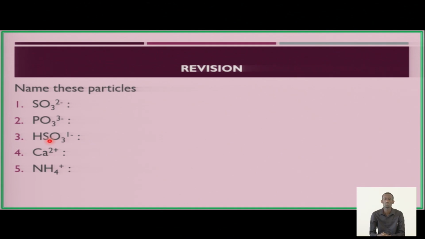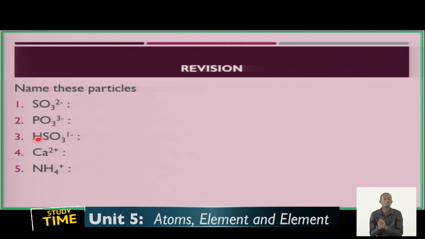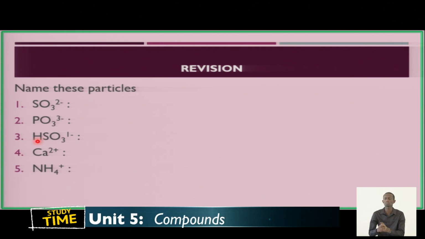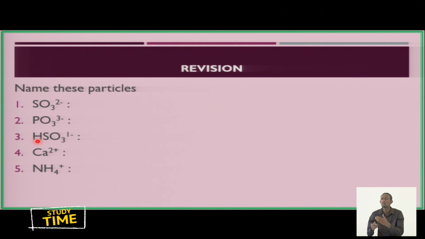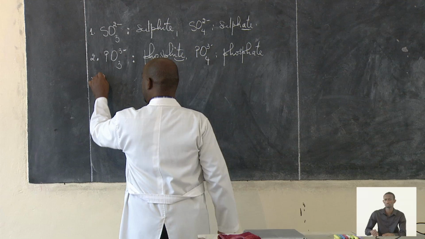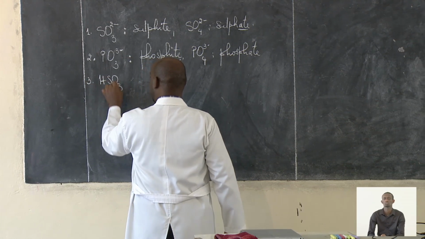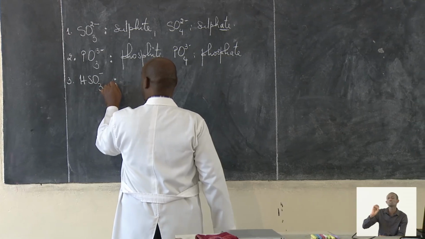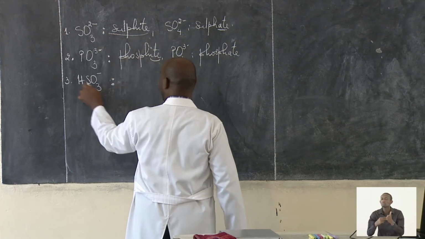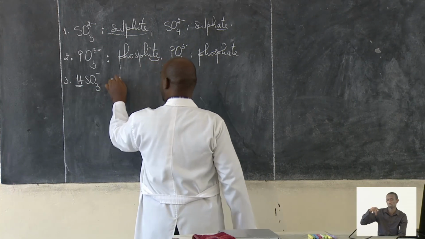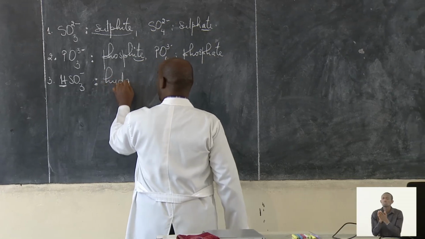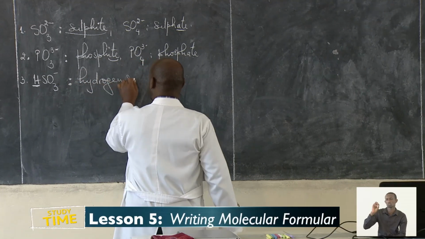To the name of this particle, we add that of the particle we have added. And the particle added is hydrogen. So particle number 3, HSO3 negative, on the sulfite, we add the name of this one. So it becomes hydrogen sulfite.